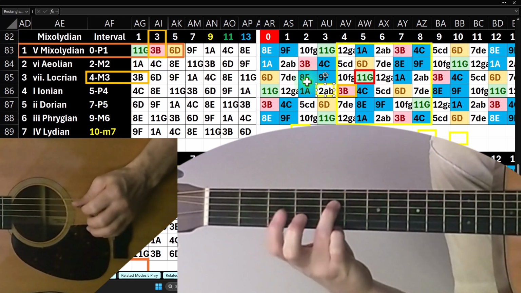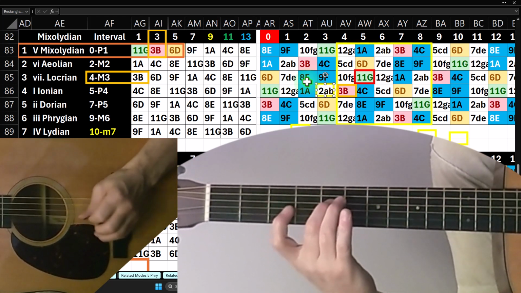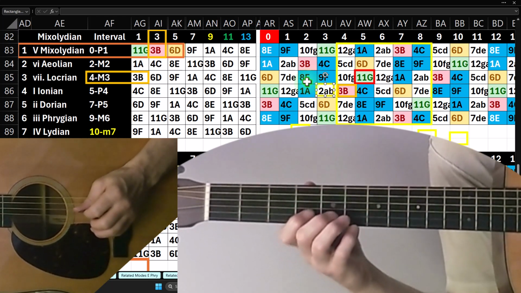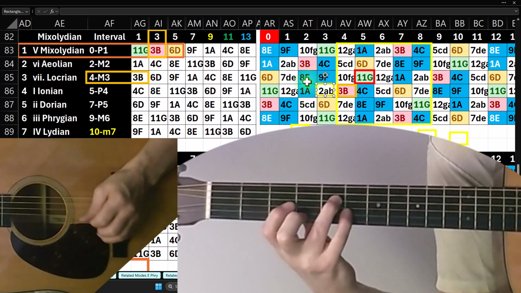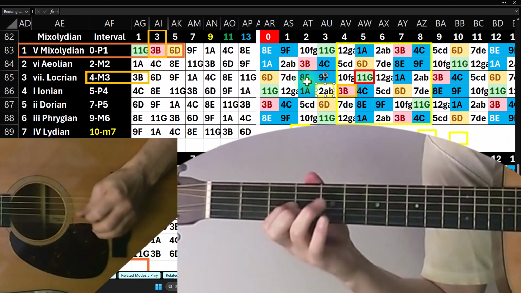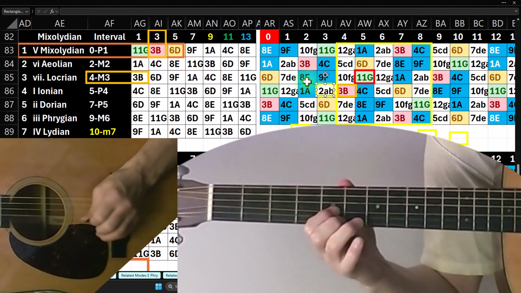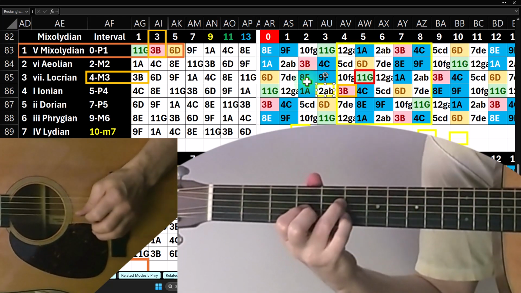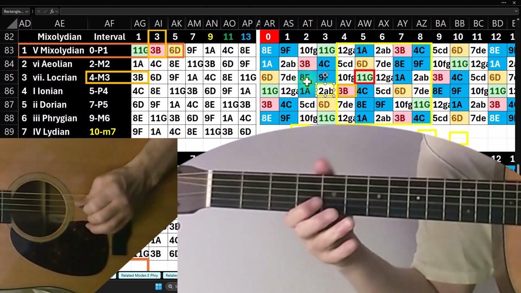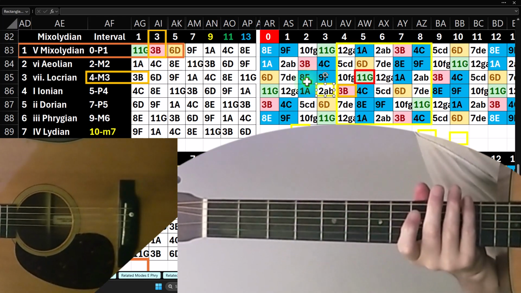So should I put this finger on the root or this finger on the root? And you can think about what you can reach up here. Either way. I don't know. Something to play with, though.